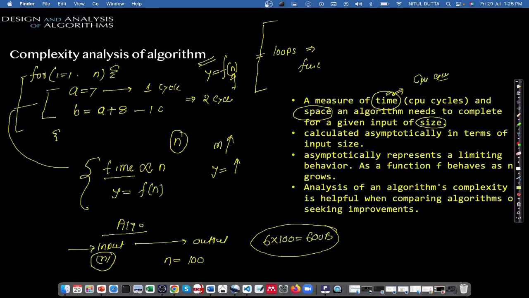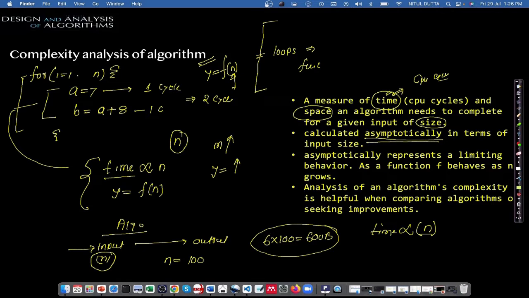So both time and space complexity are calculated asymptotically. Asymptotically means that the quantity, time, is a function of some input or some other dependent variable. Here the dependent variable is the size of data. That's why the calculation of time or space in complexity analysis is done asymptotically.